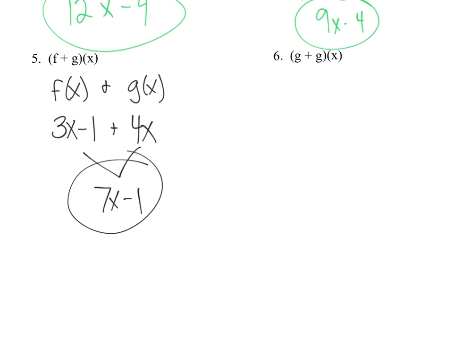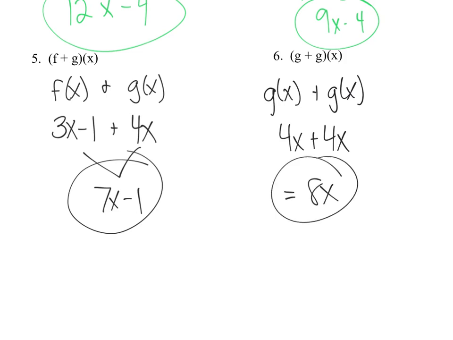This is what we did last week, okay? Now, this side is g of x plus g of x. What's g of x? Plus 4x. What's my answer? Now, I don't have an exponent here, right? Because I'm adding. They're just like terms.